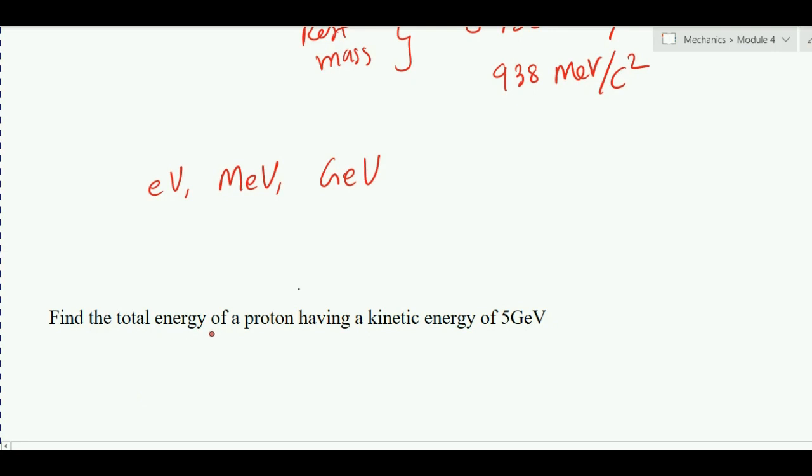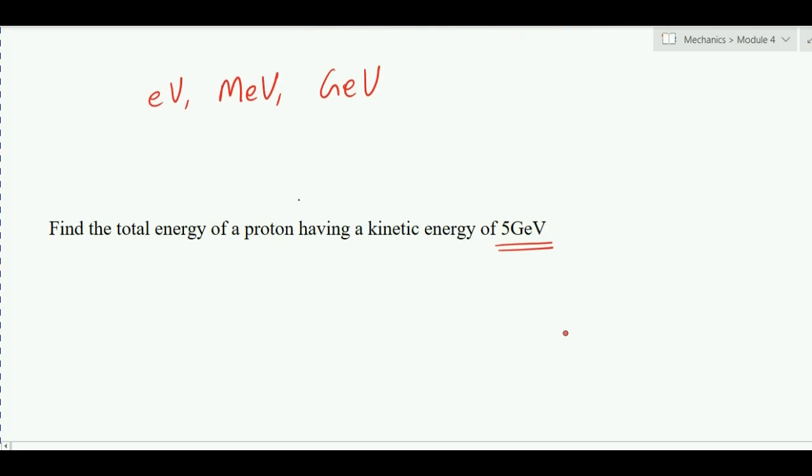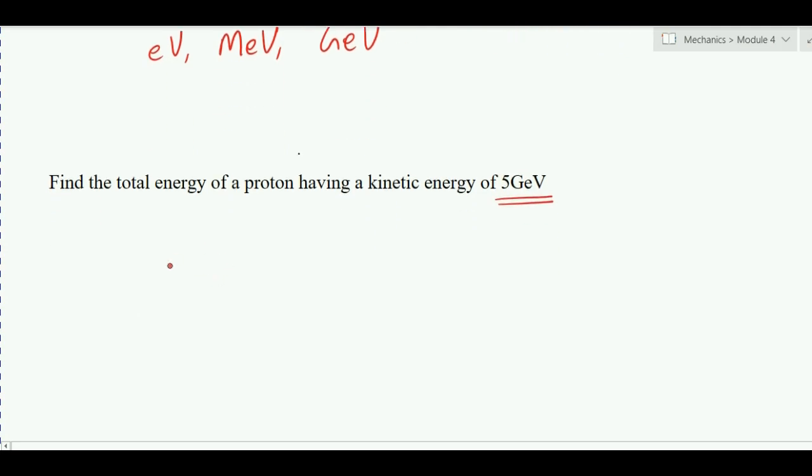Find the total energy of a proton having kinetic energy 5 giga electron volt. The kinetic energy is given, and we are asked to find out total energy.